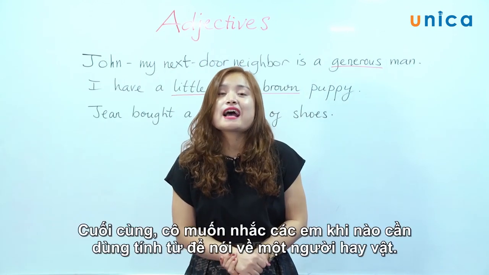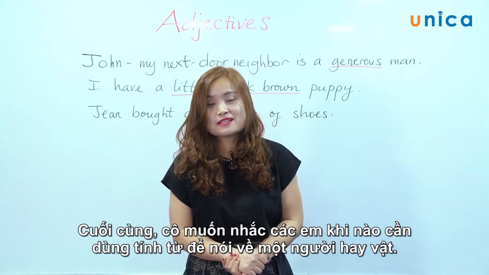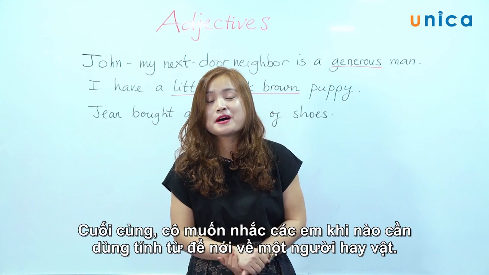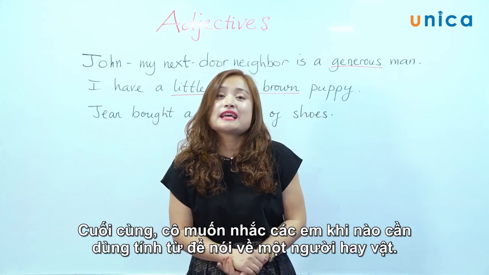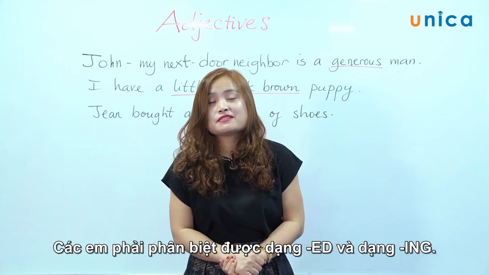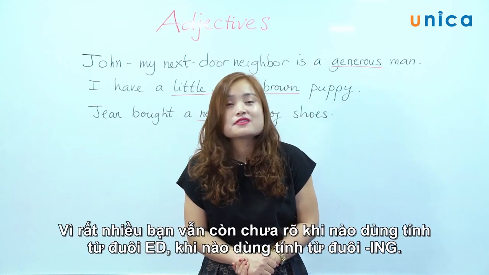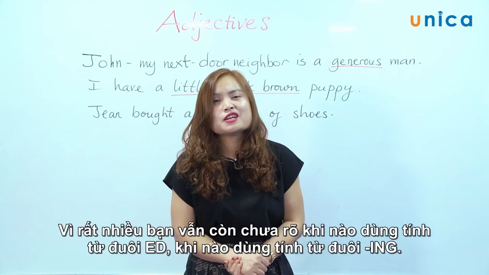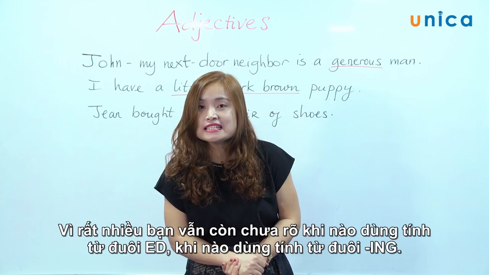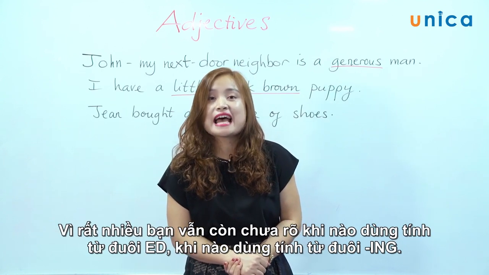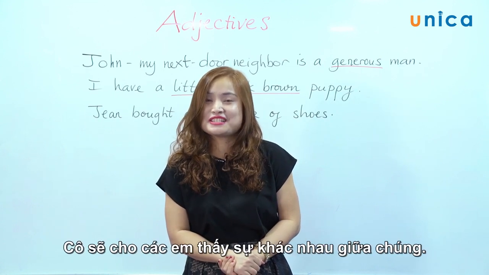And the very last thing I just want to remind you, when it comes to using adjectives to talk about a person or a thing, is that you have to differentiate between the ed form and the ing form, because a lot of you guys get confused. You don't know when you should use an adjective with an ed ending or with an ing ending. So let me show you how they are different.